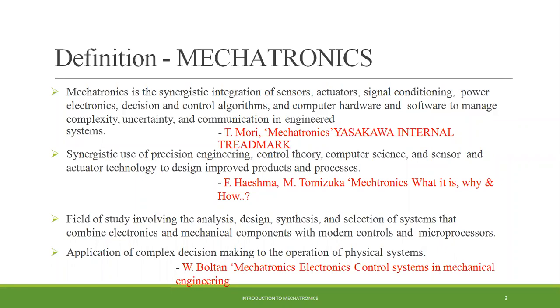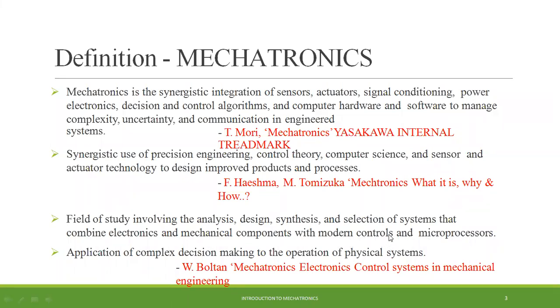There is a bus interface unit. There will be a major control, which we call the control system, and from that control system to each and every part of the robotic field, the instructions will be passed only by that particular microcontroller. Here we have components with respect to modern controls and microprocessors.